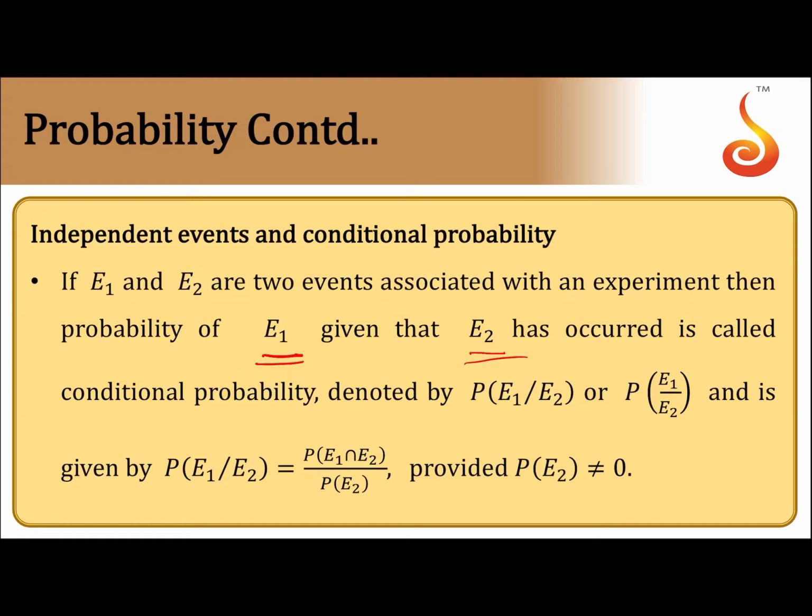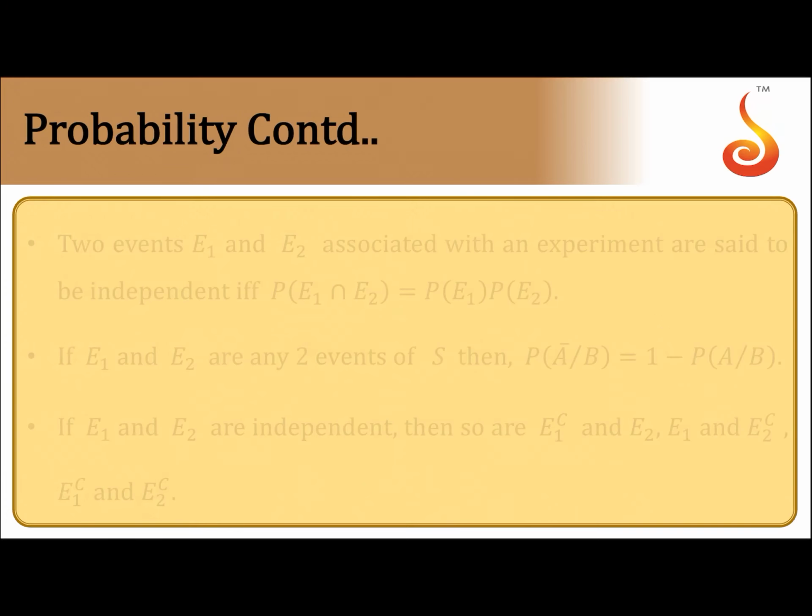If E1, E2 are the two events associated with the experiment, then the probability of E1 when E2 has already occurred is called conditional probability. The probability of E1 given E2 is given by the probability of the intersection divided by the probability of E2. So this is called a conditional event.